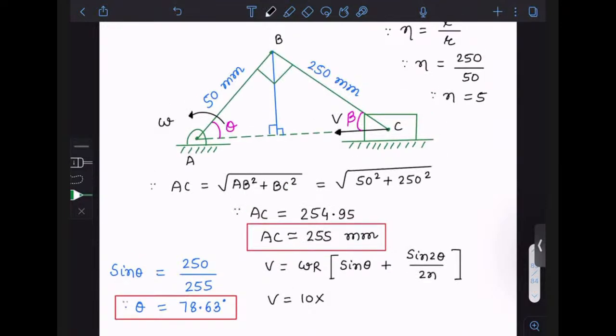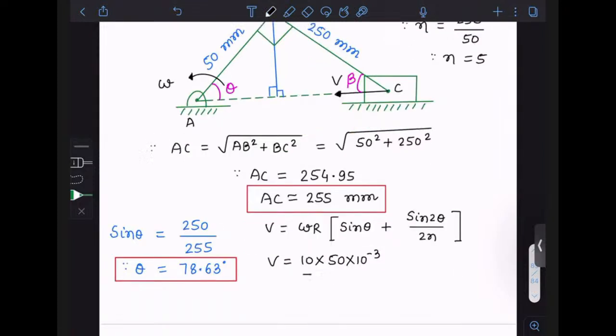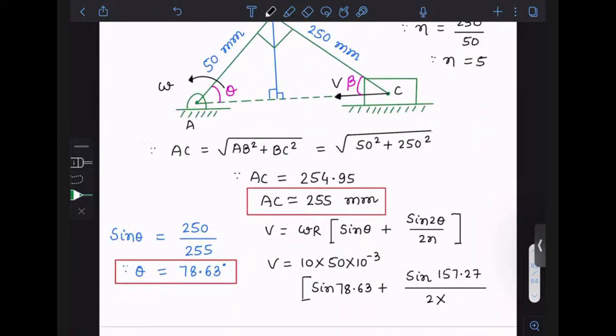R is the radius, which is 50 mm, means 50 times 10 to the power minus 3. N value is 5. Once you solve, you are going to get the answer.